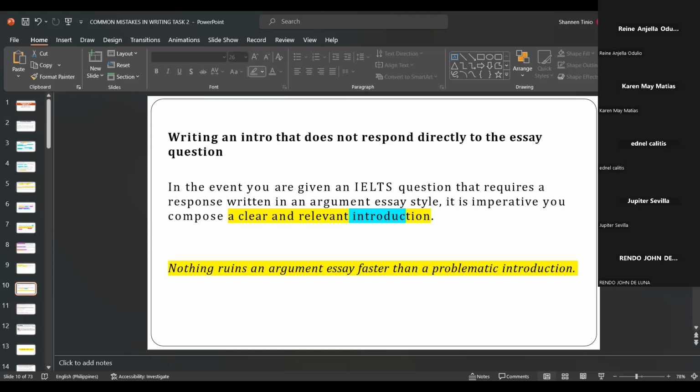So, ibig sabihin, ang i-expect ngayon ng reader, ang i-discuss mo lang ay yung reasons why young people are into illegal drugs. So, may idea na sila na yung body ng magiging essay mo is all about that thesis statement, which is reasons why young people these days are into illegal drugs.